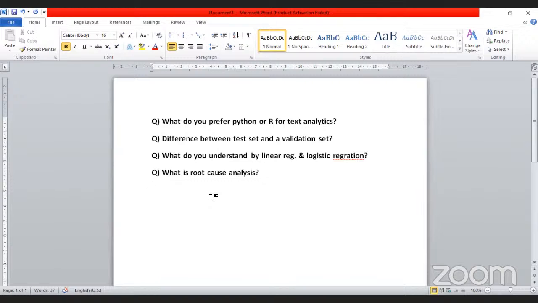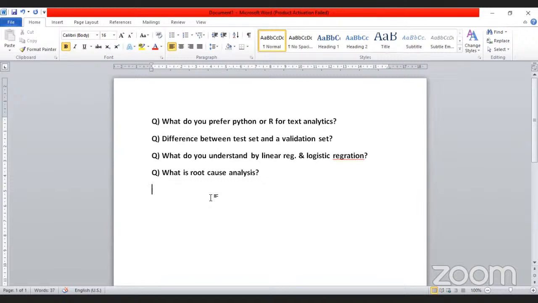Root cause analysis assumes that it is more effective to systematically prevent and solve underlying issues rather than just treating them.